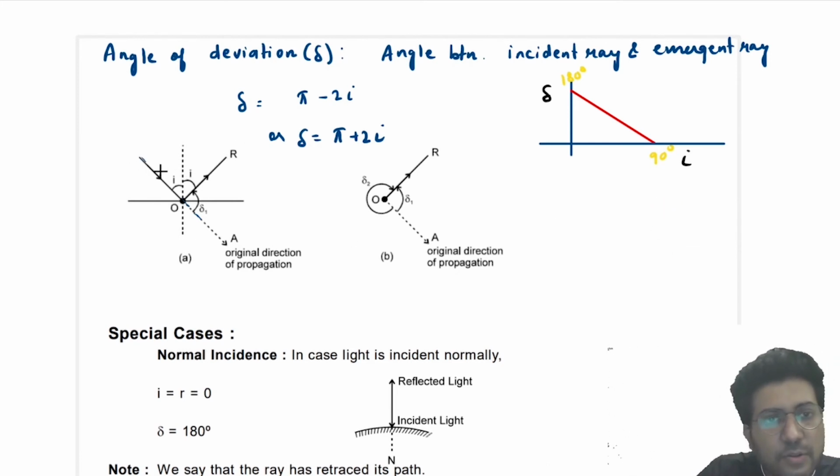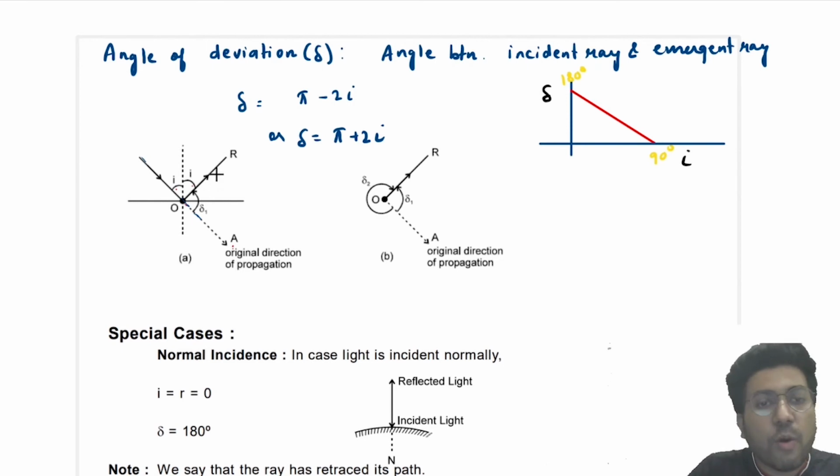So I will shift the incident ray vector parallelly here. Then the incident ray vector and reflected ray vector will be joined tail to tail, and this angle will be the angle of deviation. Now this is I, and this is also I, because the angle of incidence is equal to the angle of reflection. So this total angle is 180 degrees or pi, so delta will be pi minus 2i. So the angle of deviation is pi minus 2i.